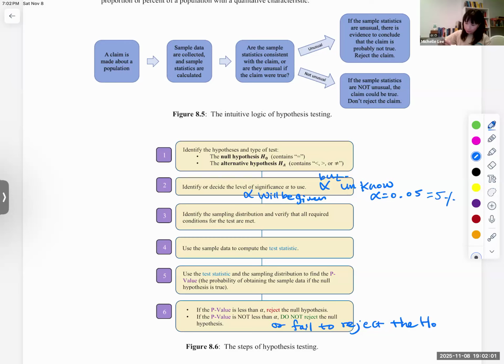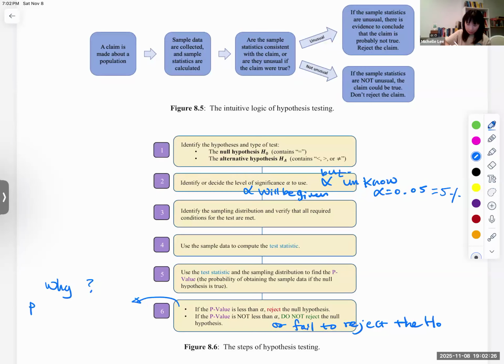Okay, so why do we reject? Because we take the p-value. We assume that the null hypothesis is true, but then the p-value is unusual. Let me write that.